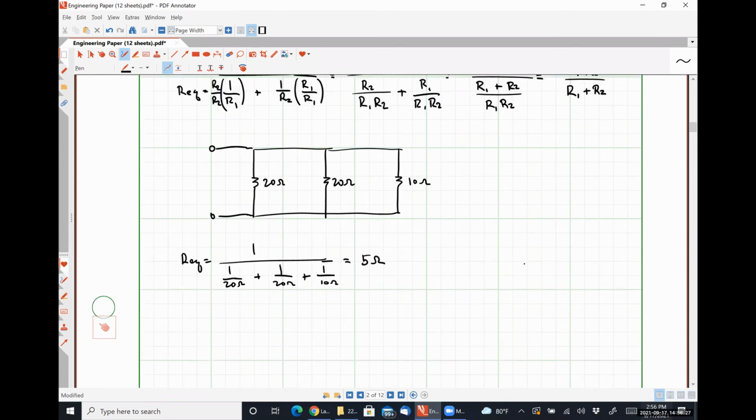It should be 5. So 1/20th plus 1/20th plus 1/10 is 1/20th plus 1/20th plus 2/20ths, which means that we have 1 over 4 over 20, which is the same as 20 over 4, which is equal to 5.